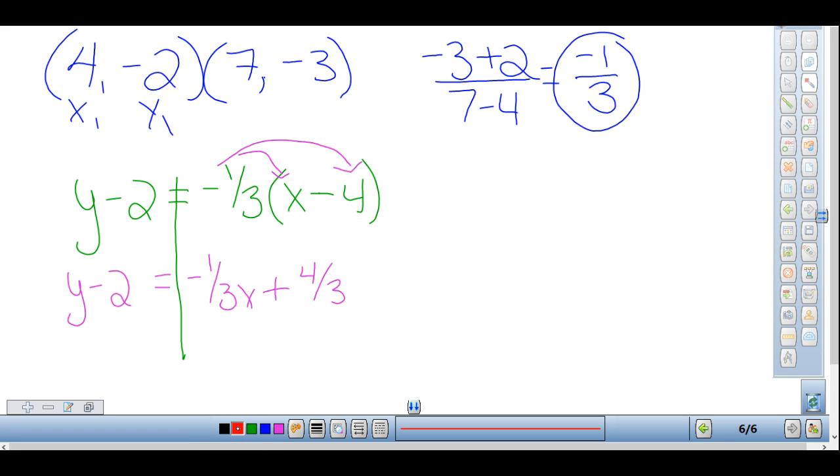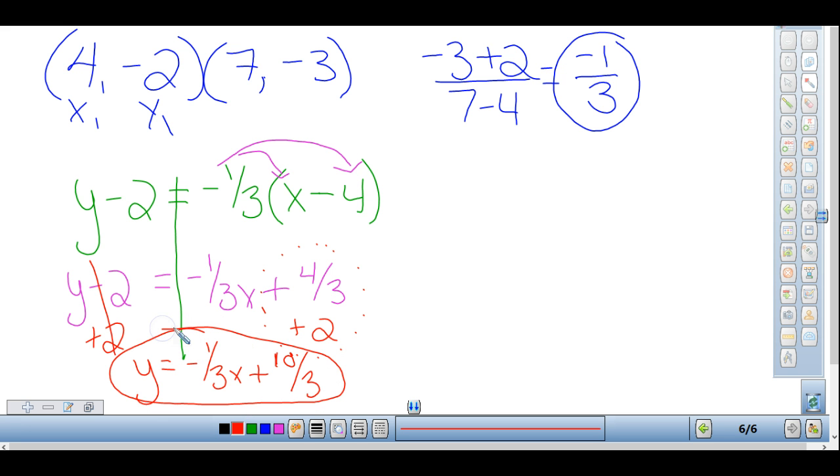Then our last step is to add or subtract that number with y. So add 2, add 2. Y equals negative 1/3 x. Now this is where you plug this into your calculator. Put your fraction in parentheses. So 4/3 plus 2 is going to be plus 10/3. Leave it as a fraction. Hit math, enter, enter, and do that.